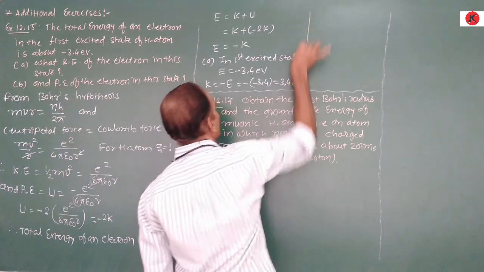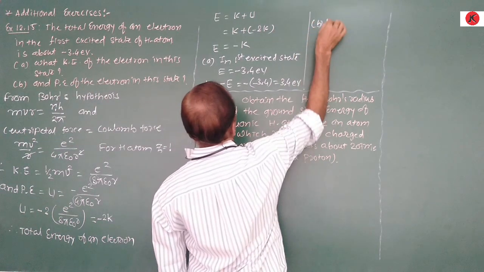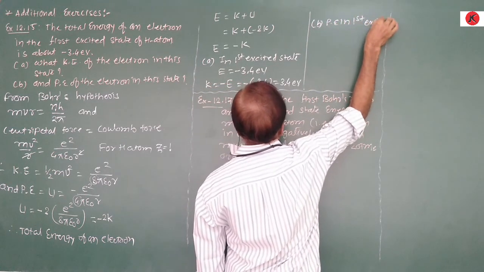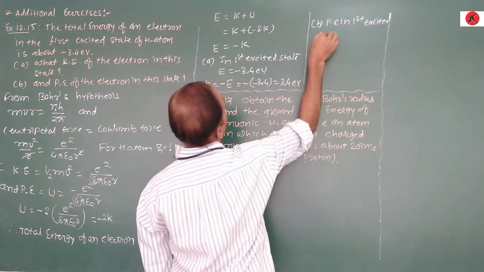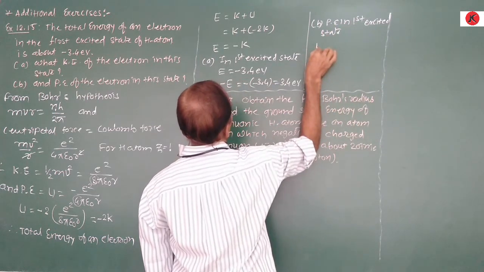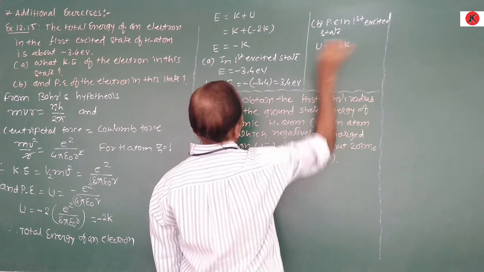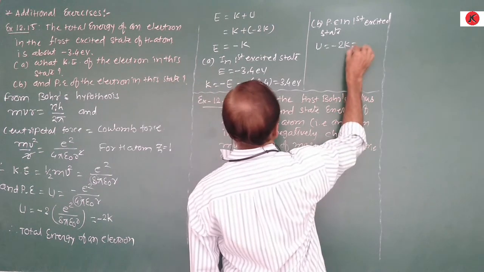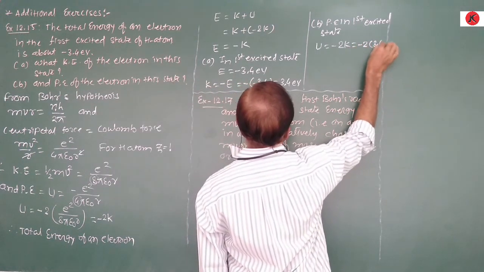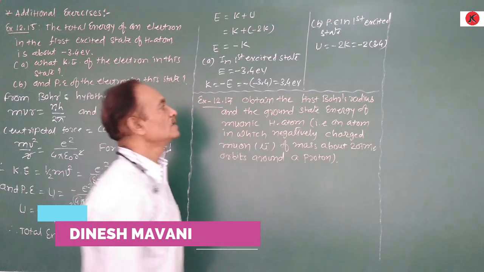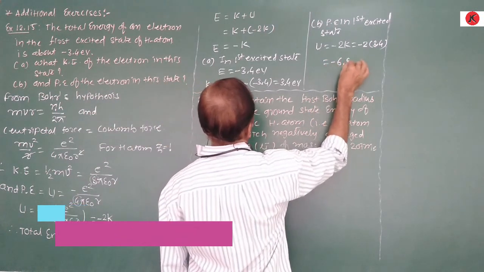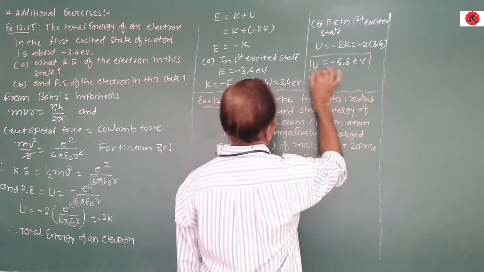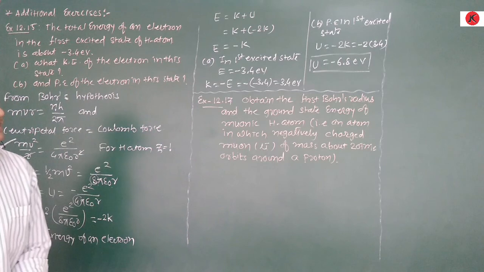Second is the potential energy in the first excited state. U is equal to minus 2K, therefore minus 2 into 3.4, which is minus 6.8 electron volt. That is the potential energy of an electron in the first excited state.